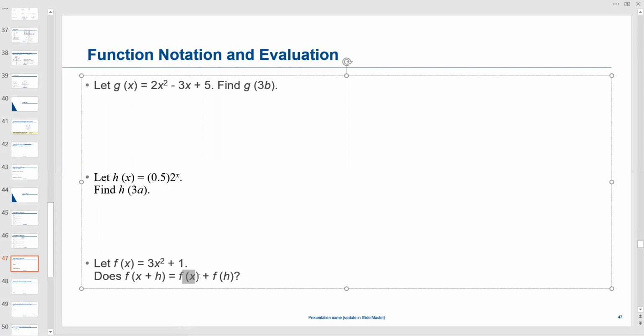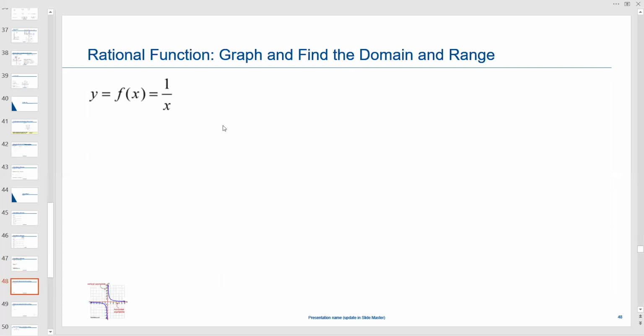The right part is replace the x with x, so nothing changed. Here, replace the x with h and combine it here. We prove that this doesn't make sense, right? Because the left part does not equal the right part. That's the question here. Does this one equal together? Actually, no, right? The answer, we got it. So if you're not sure, go back to see the video part.